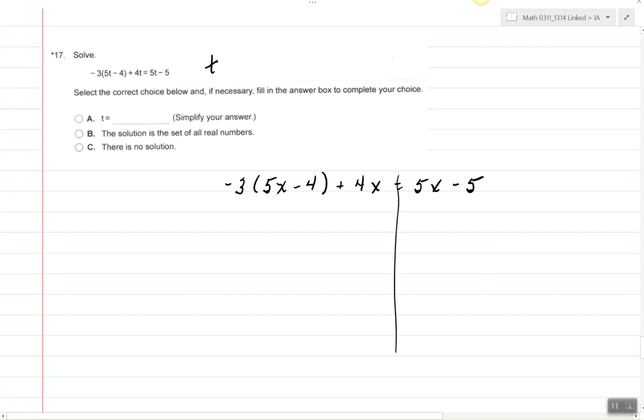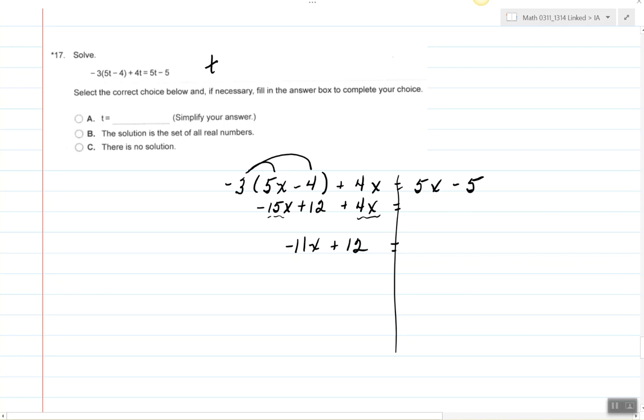There's my equality. I can simplify on the left. Negative 3 times 5x is negative 15x. Negative 3 times negative 4 is plus 12 plus 4x. I have some like terms. Negative 15x and positive 4x is negative 11x plus 12.